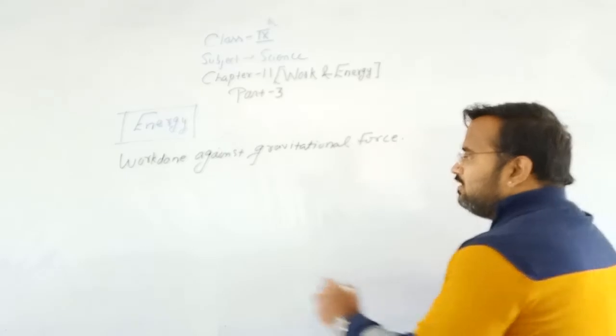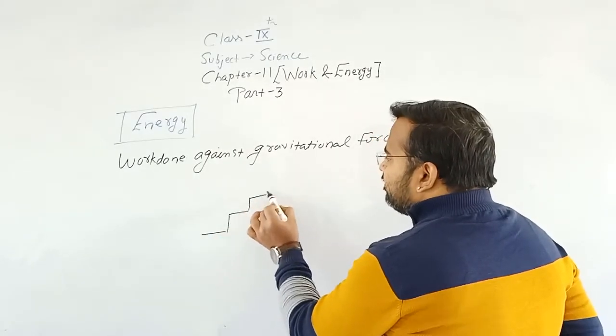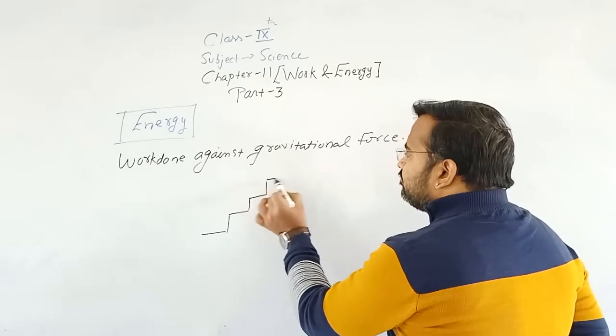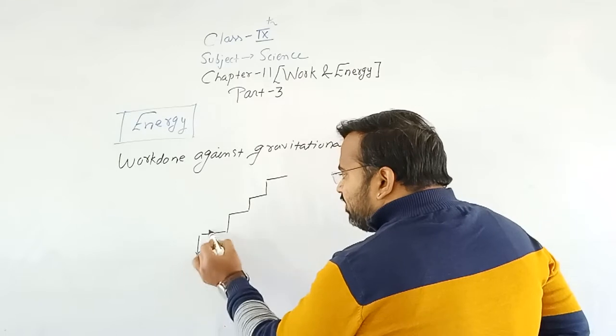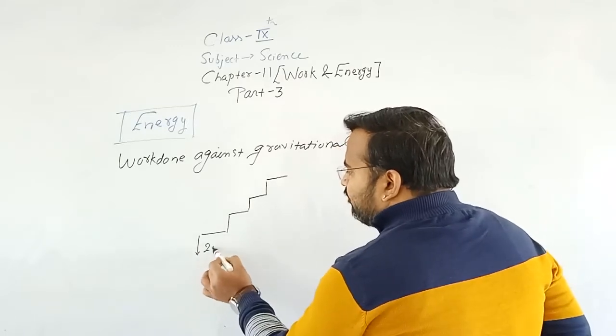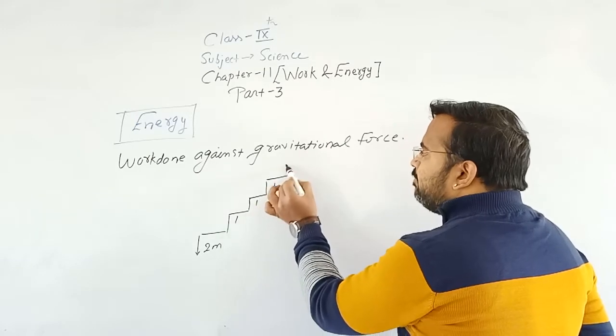For example, there is an escalator. The distance from the first step is 2 meter, for example, and each step has height 1 meter.